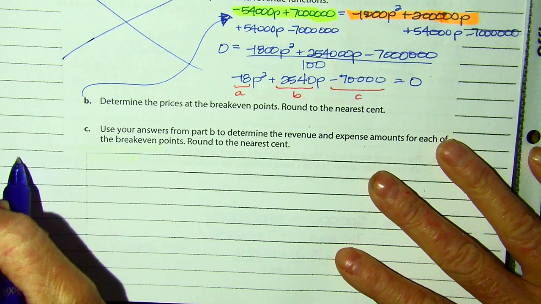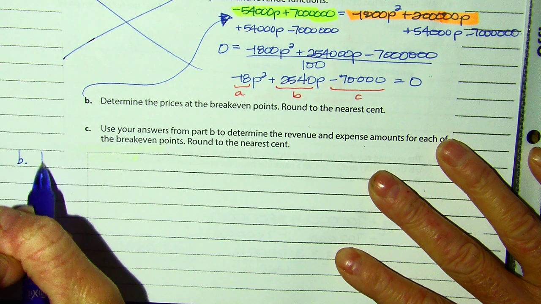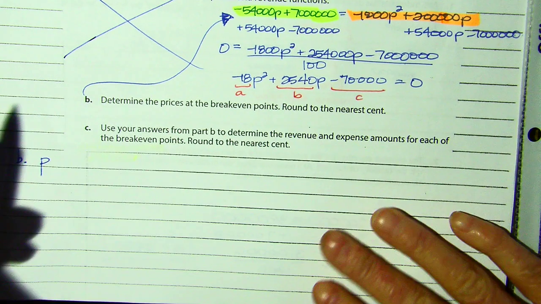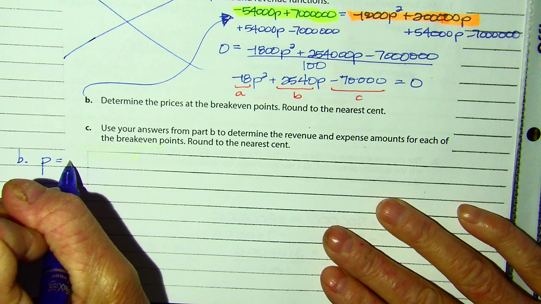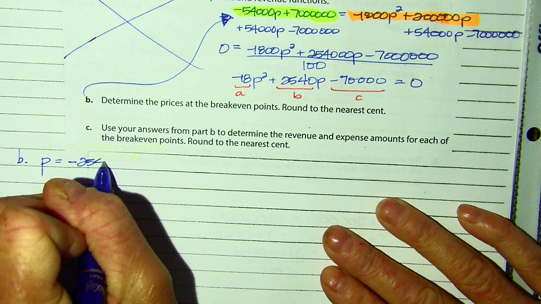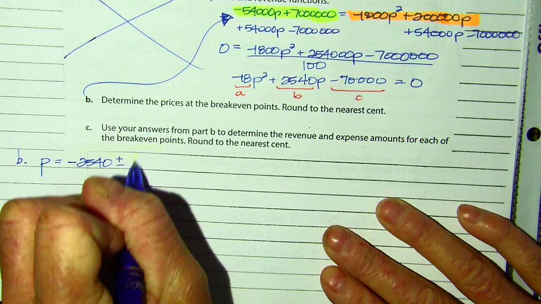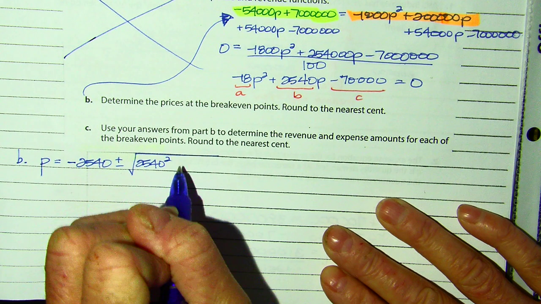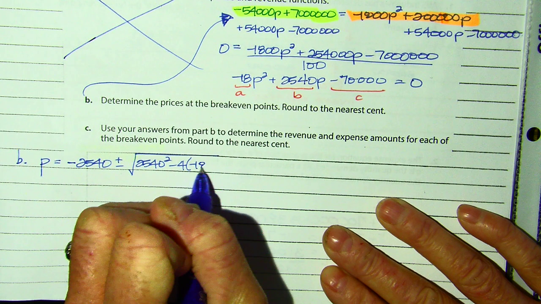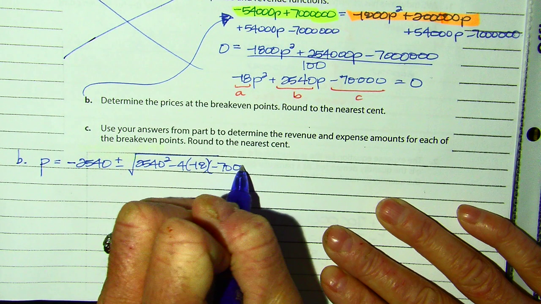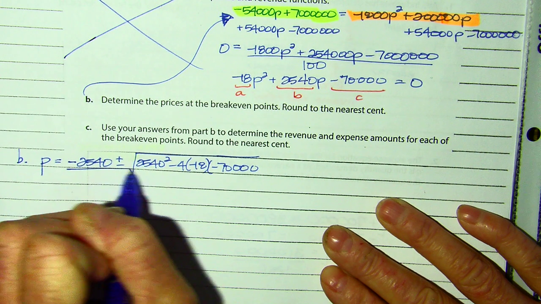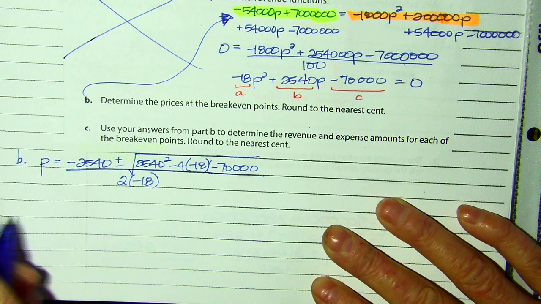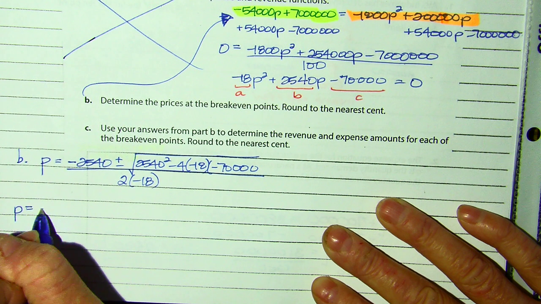Okay, so part B is here. I'm doing the quadratic formula: P equals negative 2540 plus or minus the square root of 2540 squared minus 4 times A times C, all over 2 times A. Now I'm going to break out my calculator and do all of this.